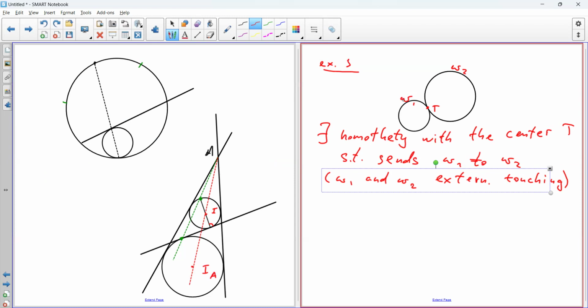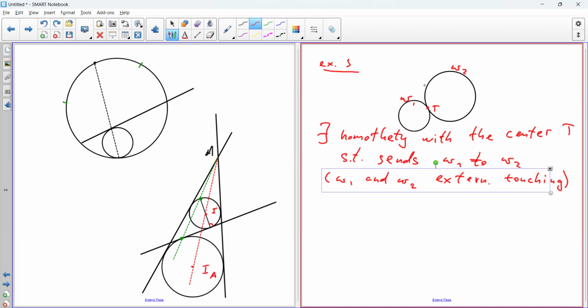I call such statements structural exercises because they're not that difficult to be called a problem. It's very straightforward in some sense. We denote here omega 1 with radius 1, here omega 2 with radius 2. We may even introduce some coordinate system and put T at the origin, and then prove by definition that it's doable.